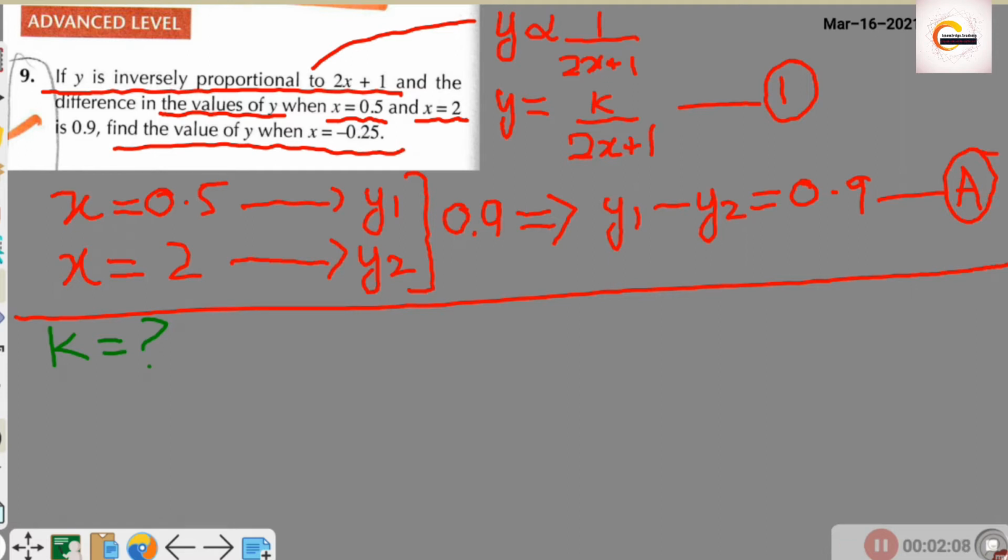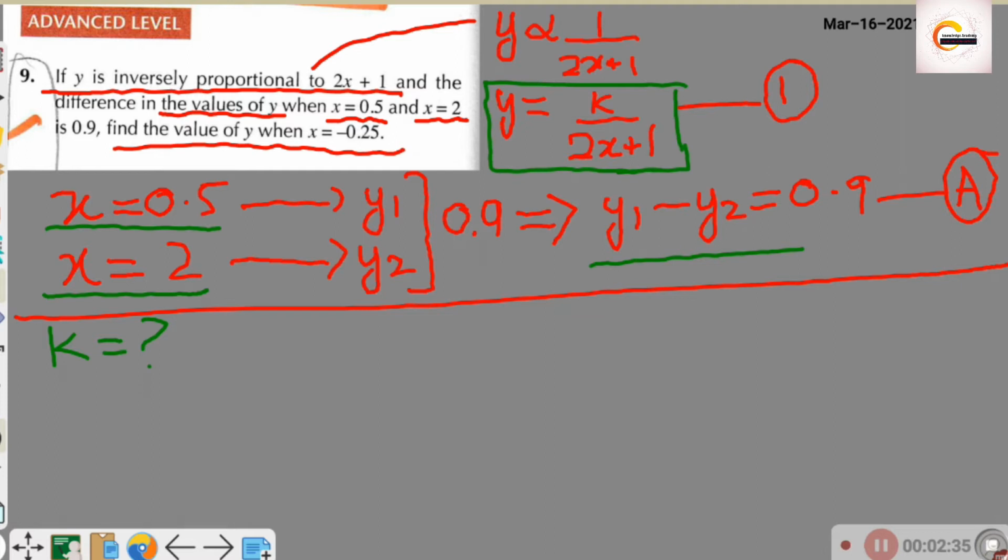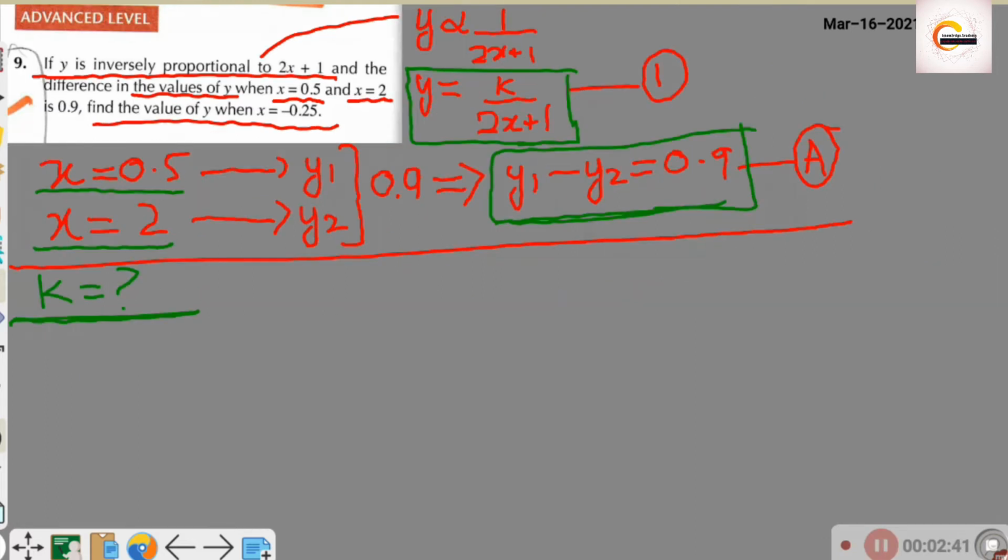We do not know anything. The values of y and x weren't given to us that we can easily put into our formula to get the value of k. This time it's a little bit tricky. They have given the value of x and another x, and they have said that the difference between these y's is 0.9. So I am going to use this equation to get the value of k.